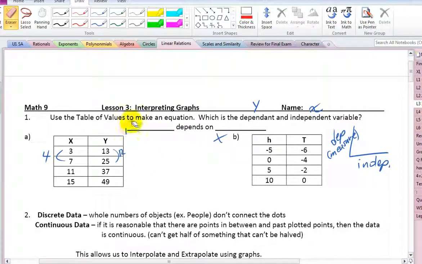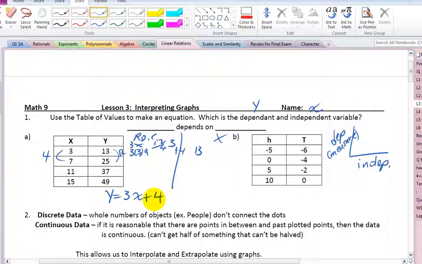Let me erase those lines. Okay, so rate of change, ROC. 12 over 4, which is 3, so 3x. 3 times 3 is 9. 9 plus what? Plus 4, 13. Okay, so your equation is y equals 3x plus 4.